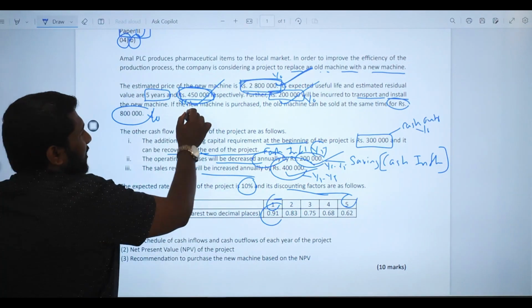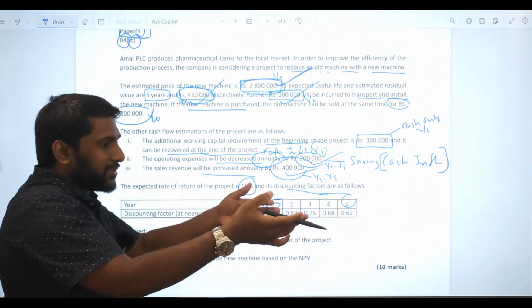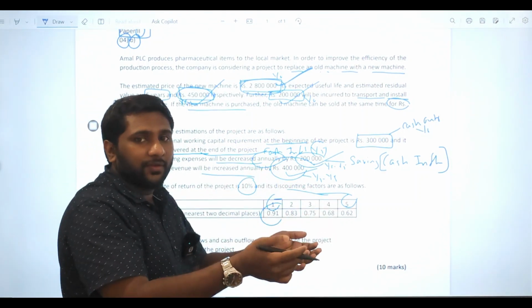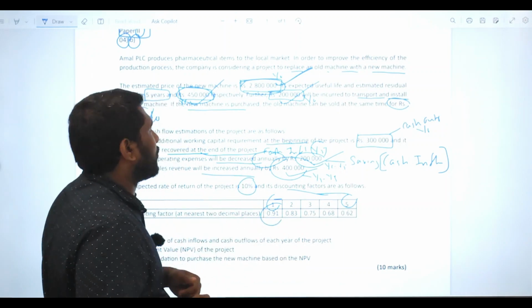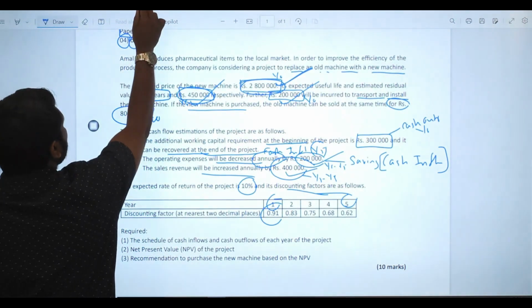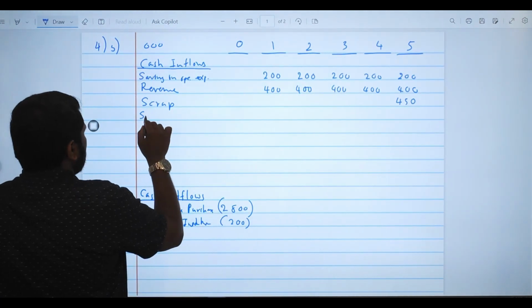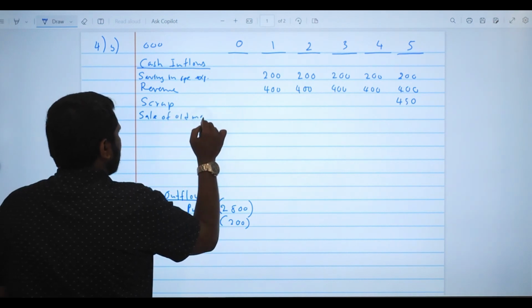And if the new machine is purchased, we can sell the old machine. If I am purchasing the new machine today, I will sell the old machine today itself. By selling the old machine, I will get some money. I will get some inflow. So inflow by selling the old machine. Sale of old machine.